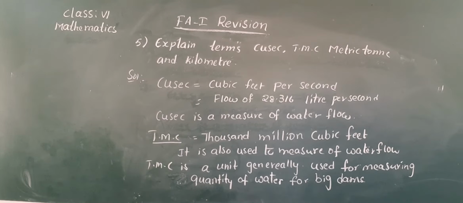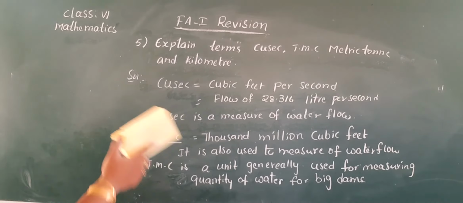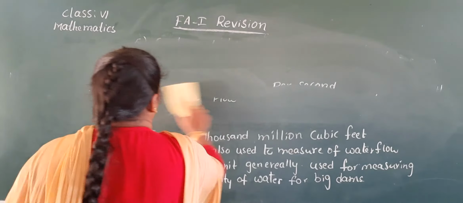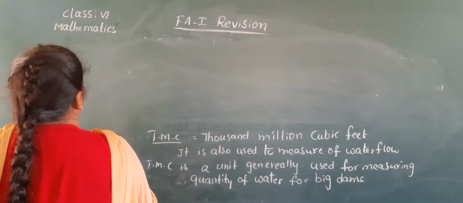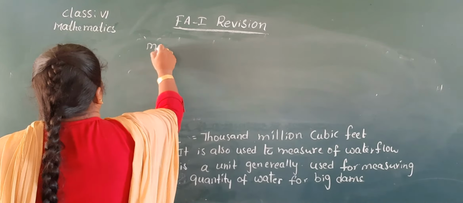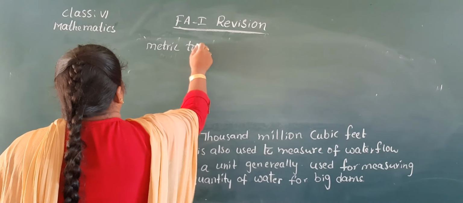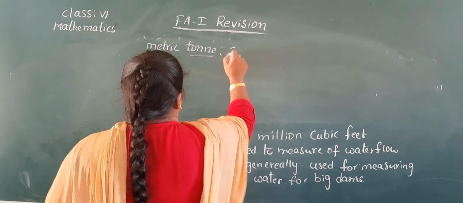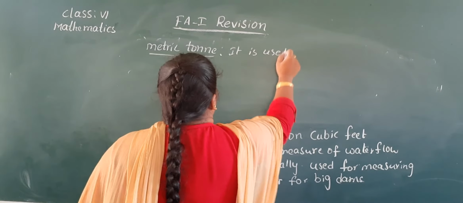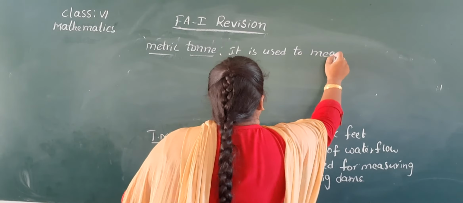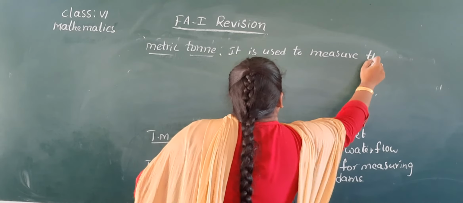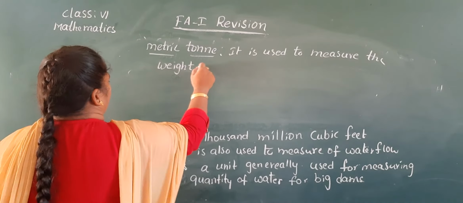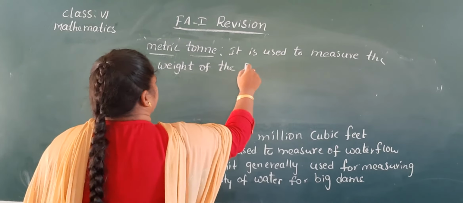See, next one. Metric ton. What is meant by metric ton? It is used to measure the weight of the products.